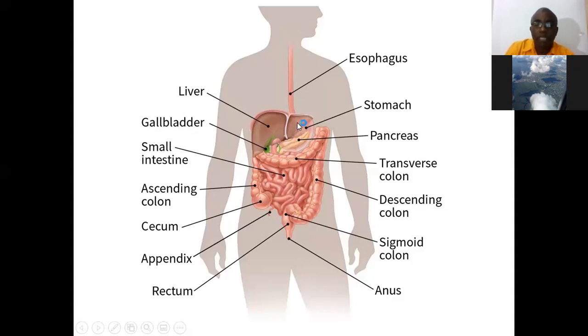So that liver that you see there, if you take out a man's liver, he cannot survive, cannot live. And we talk about the pancreas that produces insulin. It produces other things too.